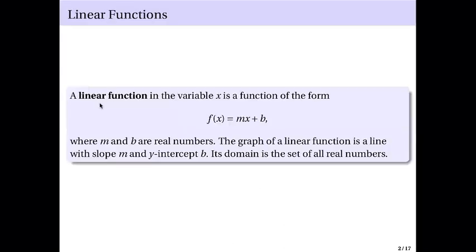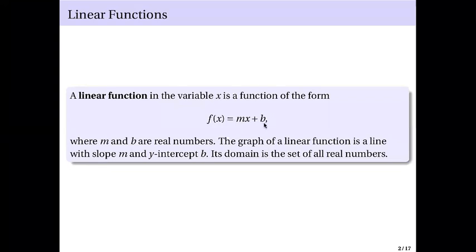So a linear function in the variable x is a function of the form f of x equals mx plus b, where m and b are real numbers. Now if we choose a particular value for x, then we will have some real number m times that particular value of x plus b.